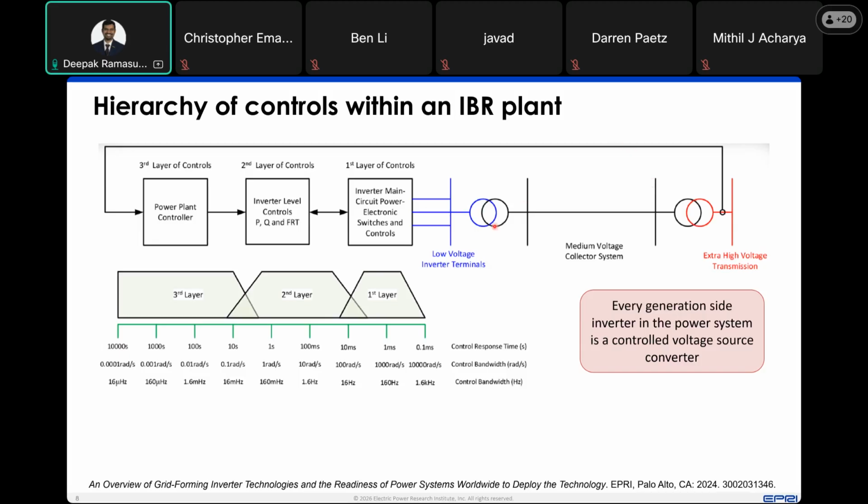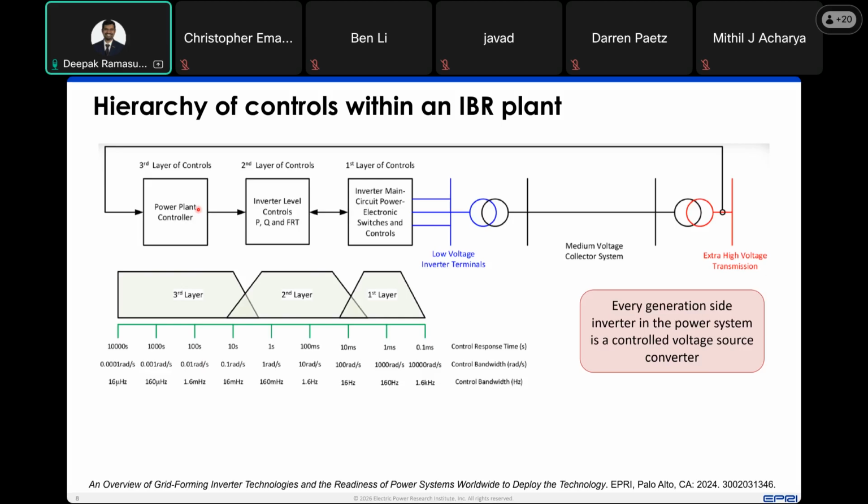An inverter-based resource has what's known as a first layer of control, where you have the power electronic switches and maybe even some fast current control loops. You have a second layer of control, which is still at the inverter level, and this is in charge of the active power, reactive power, and so on. And then you have a plant controller that takes care of some of the frequency response and voltage response at the entire plant level.